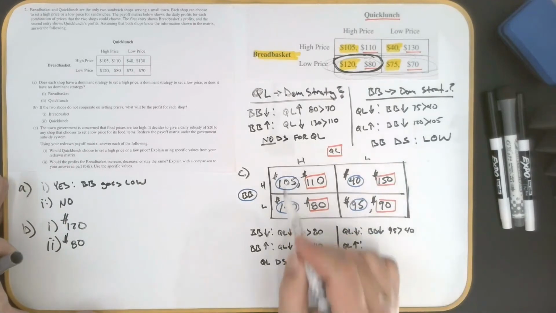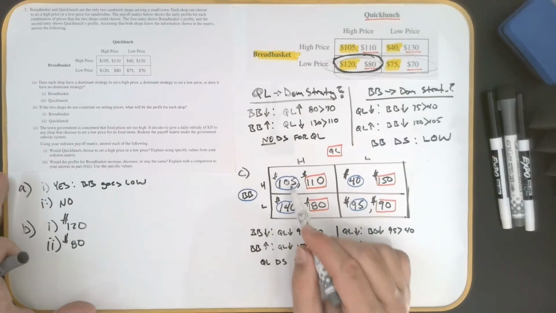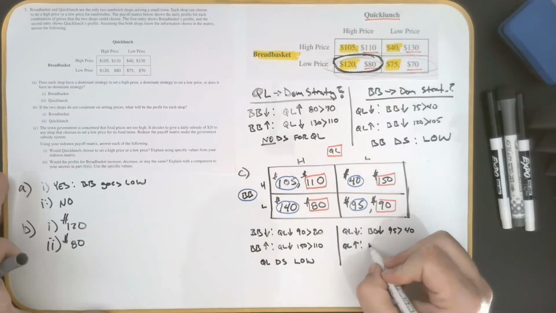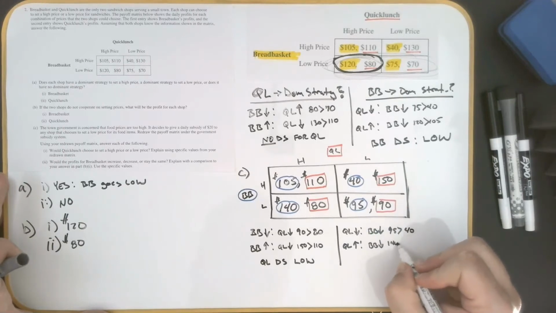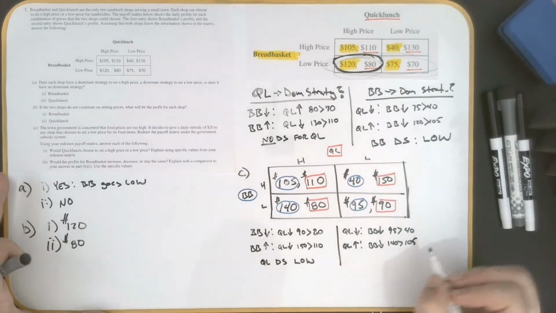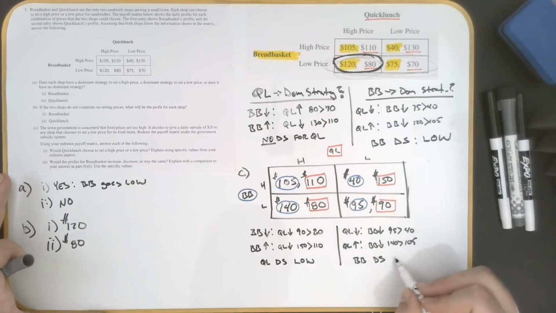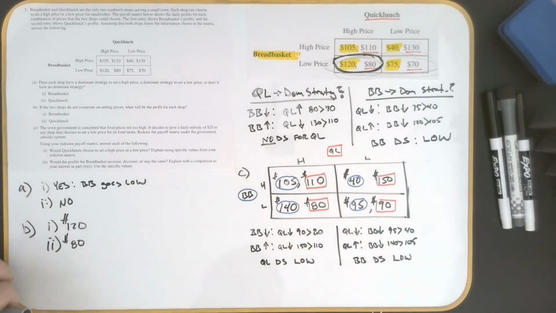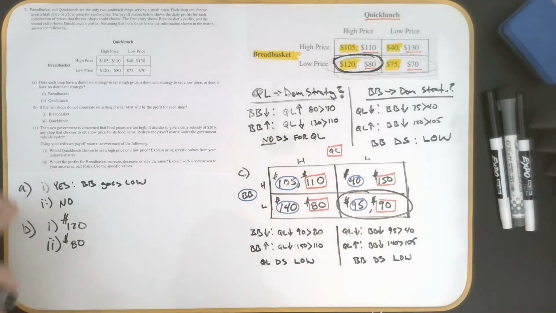If Quick Lunch chooses the high prices, Breadbasket is looking at 140 versus 105. It's still going low. And so we could say, well, then 140 is better than 105. So it looks like Breadbasket has a dominant strategy again, and it is to go low. So if they both go low, this is what's going to happen. They both go low.